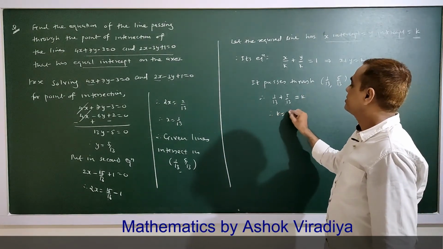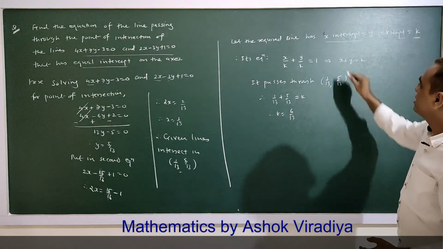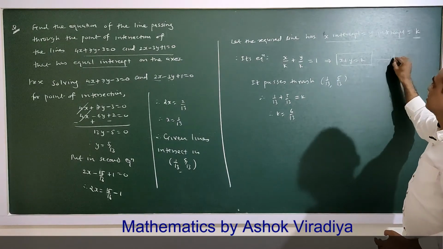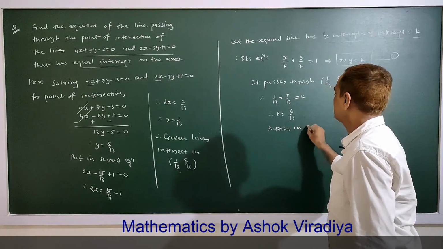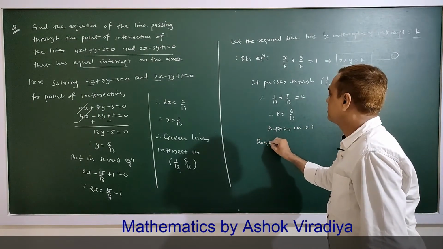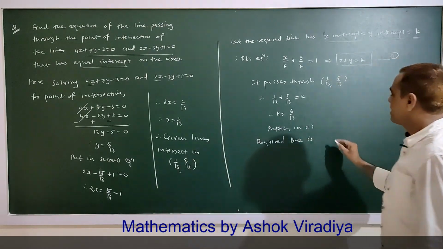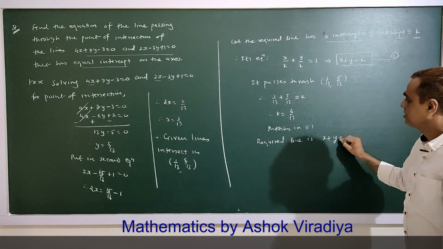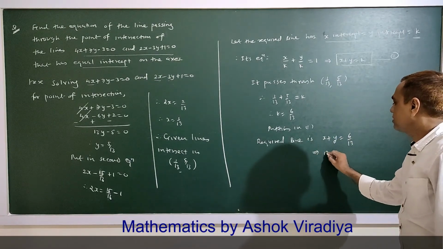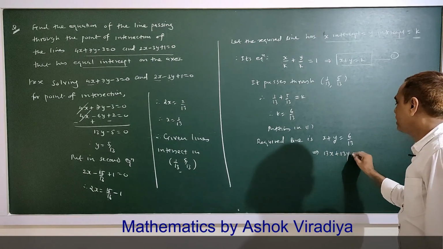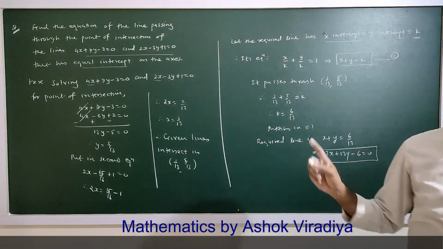So k is 6 by 13. So putting this value in it, required line is x plus y equal to 6 by 13, that is 13x plus 13y minus 6 equal to 0. This is equation of required line.